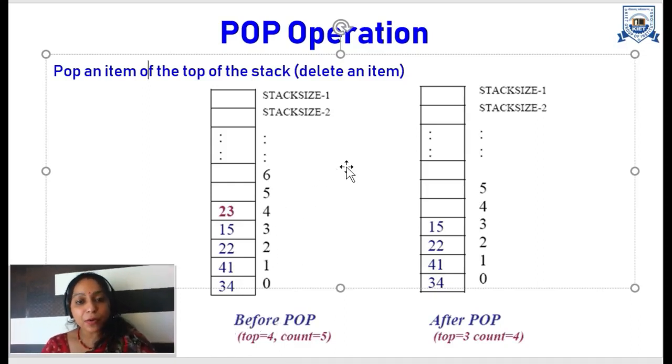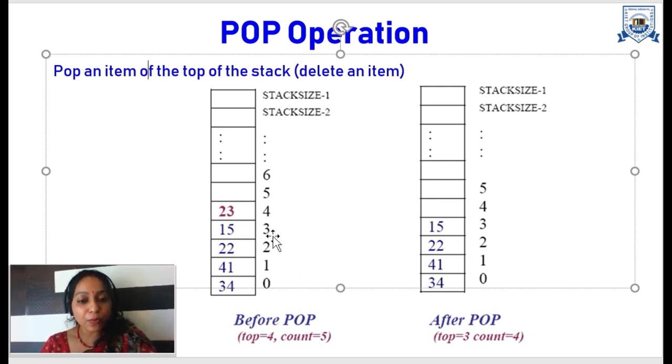Now if we are performing the pop operation, as the number of elements is more than 0, the last element will be deleted. The last element is stored at the fourth index location, this will be deleted. Now top will point to the last index location. As 23 is deleted, the new last element becomes 15.